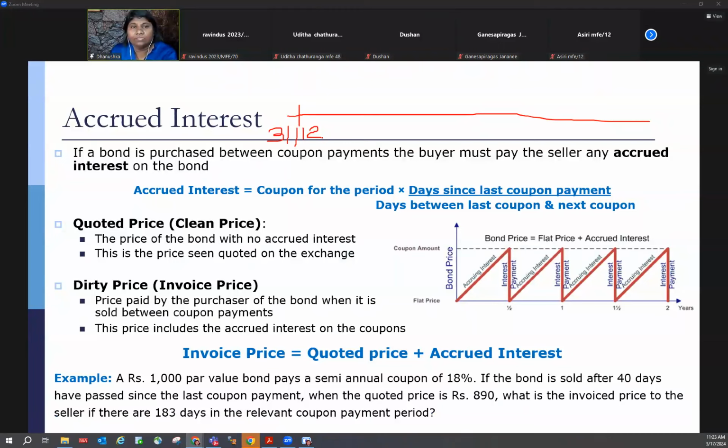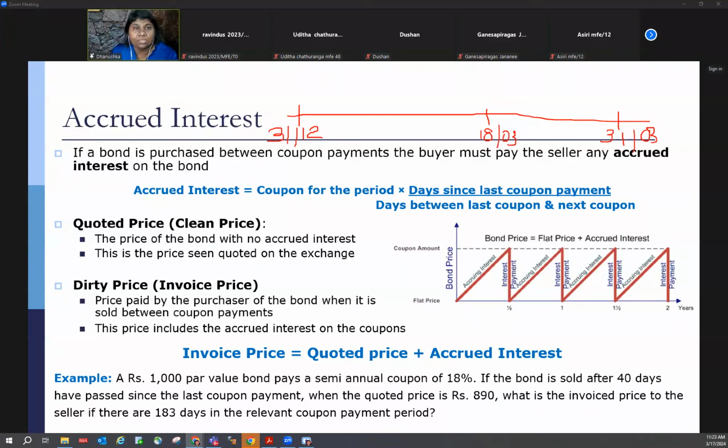So if the coupon is paid on 31st of December, the next coupon will be paid on 31st of March. Today is, let's say, 18th of March, and the settlement is happening on the 18th of March.